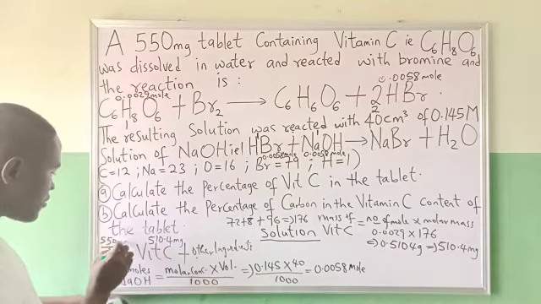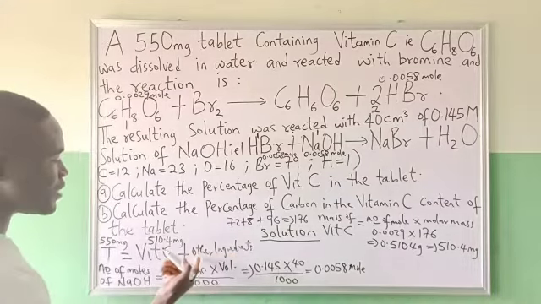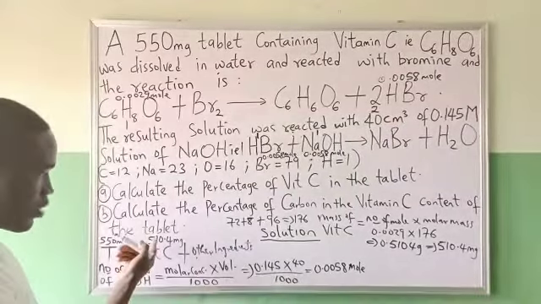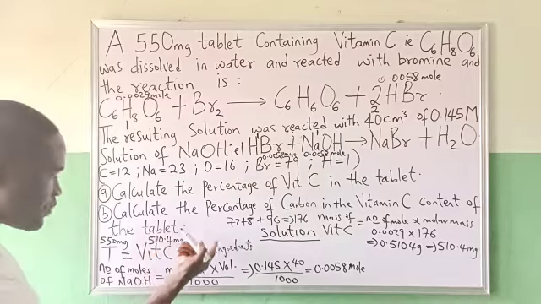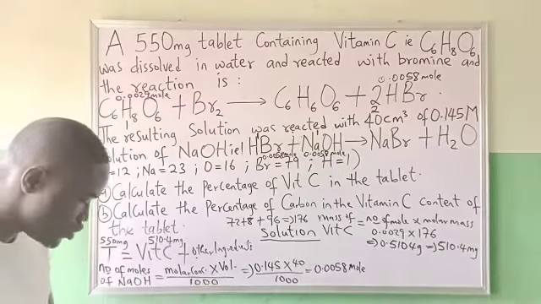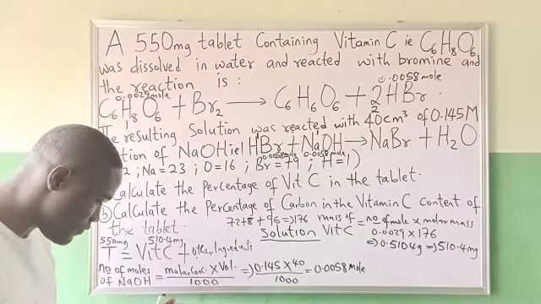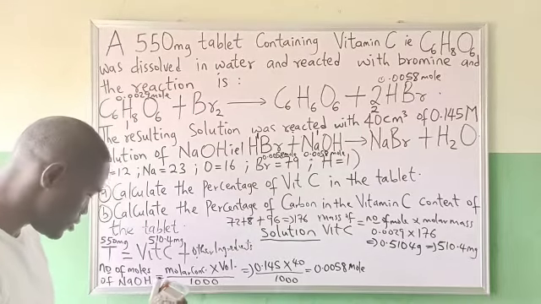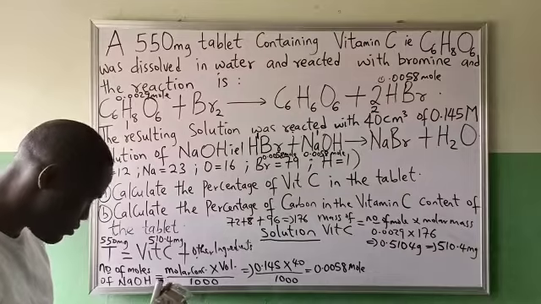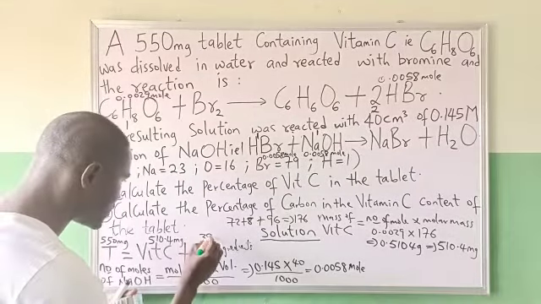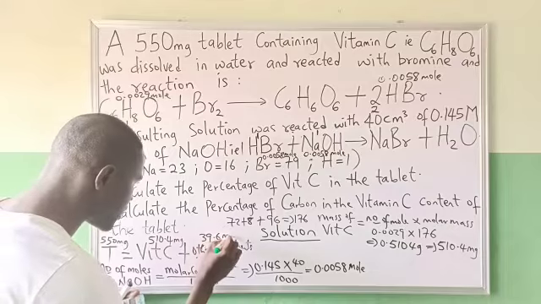550 milligram. If they say find the mass of other ingredients, you can get it, because 510 plus something will give you 550. You just subtract. 550 minus 510.4 will give you 39.6 milligram.